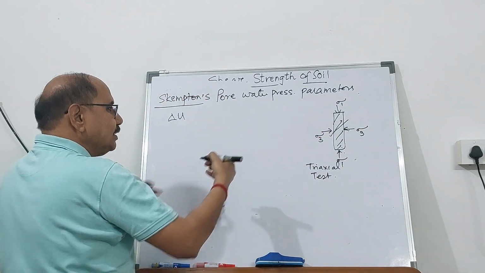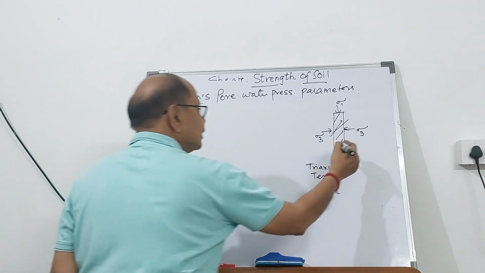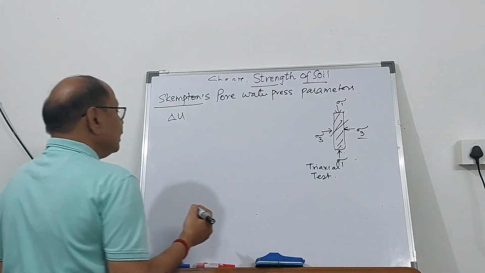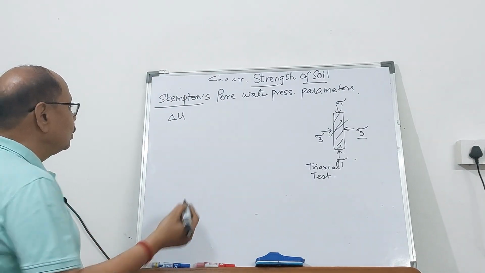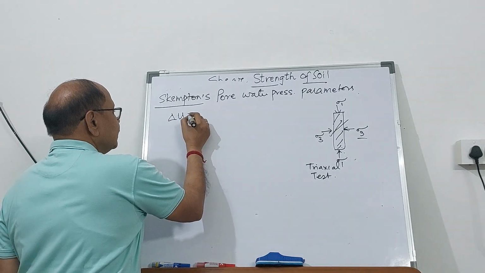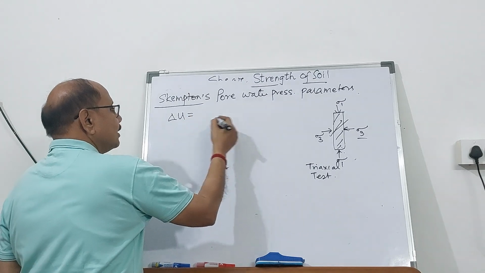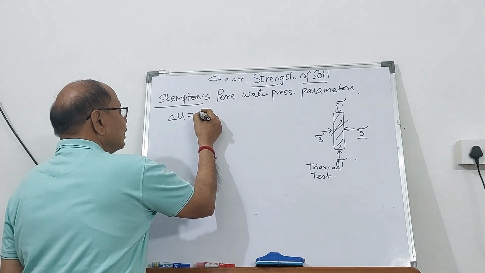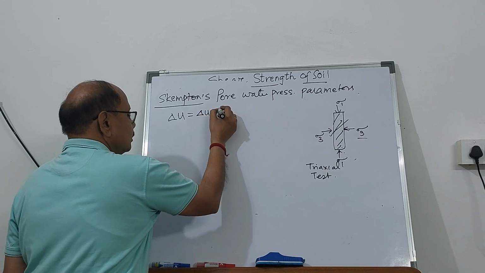So when you apply the confining pressure or the cell pressure sigma 3, the pore water pressure is going to increase. The increase in pore water pressure due to sigma 3, that is the minor principal stress or the confining pressure, is called delta U1.